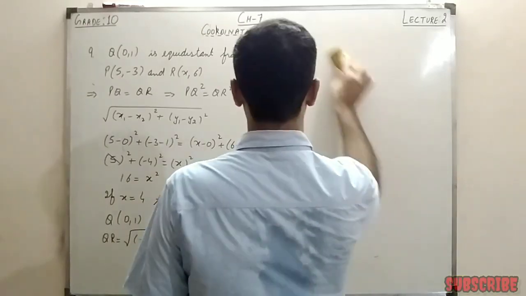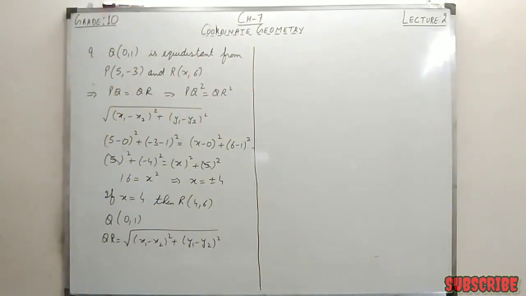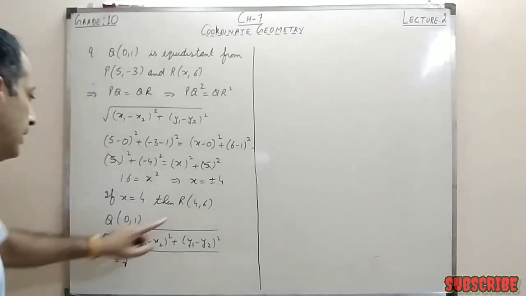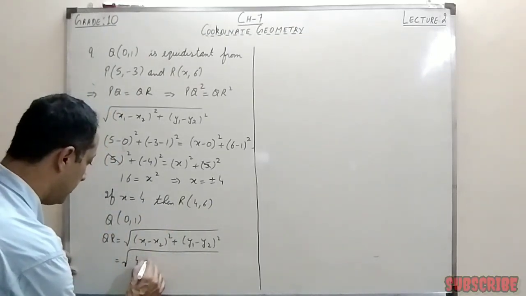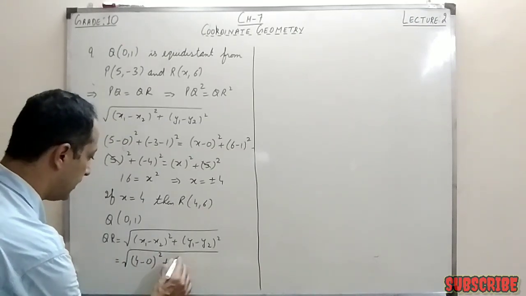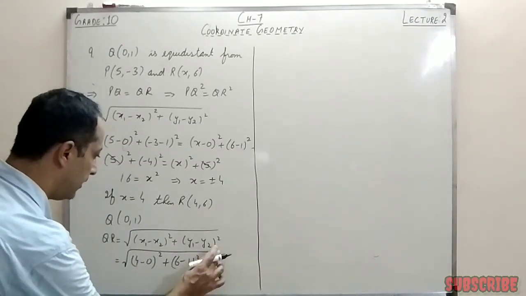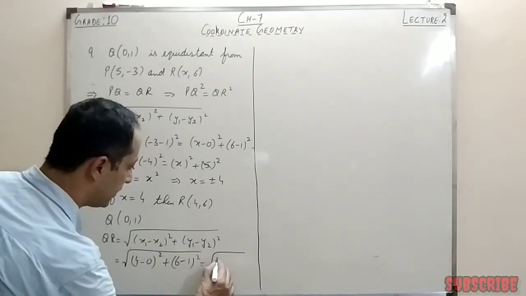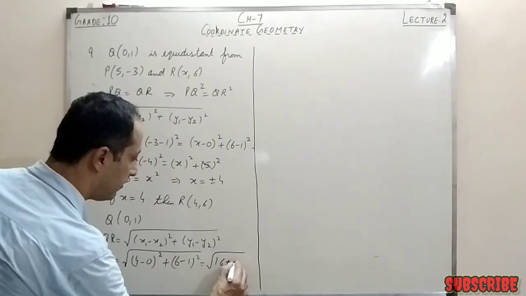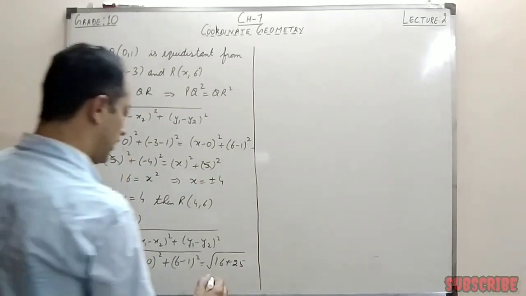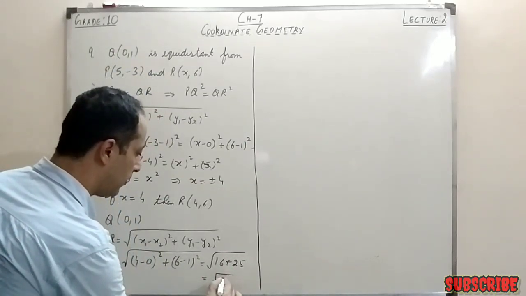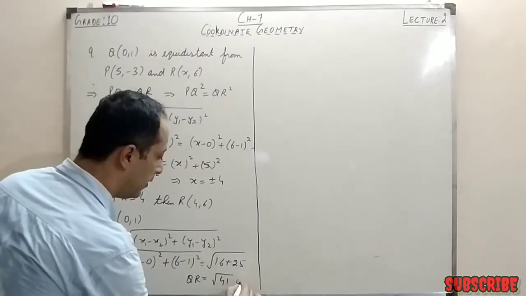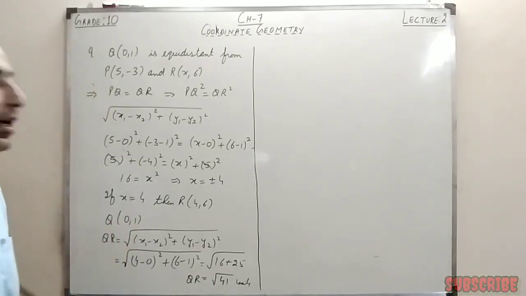So this is (4 minus 0) whole square plus (6 minus 1) whole square, and what I get is 4 square, 16, and 5 square, 25, and I get QR as equal to square root of 41, right? So this is the value of QR when x equals 4.